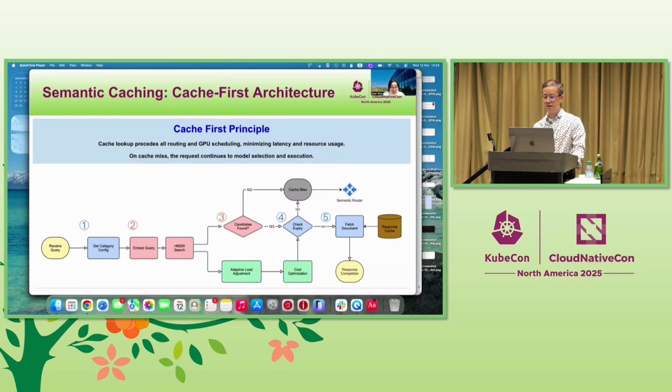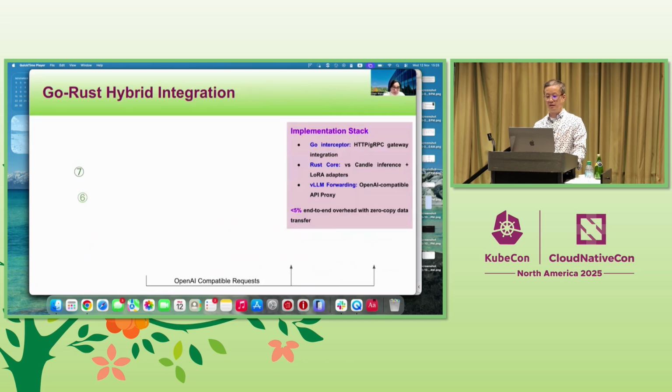Only on a cache miss do we invoke the semantic router. The router core, written in Rust, then performs classification using our lightweight Candle inference engine with our fine-tuned BERT models or Qwen3 models with LoRA adapters. So the cache-first design minimizes latency and resource usage by making the fastest decision first. Now let's look at what happens when we miss the cache and move into the routing phase.